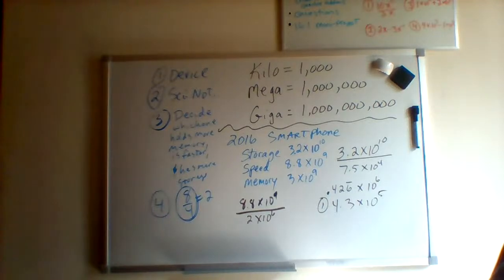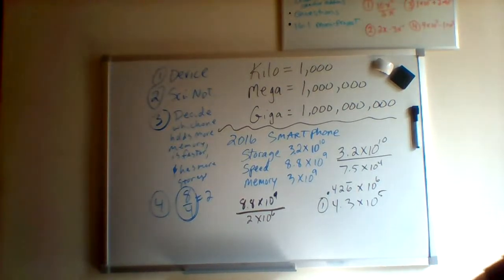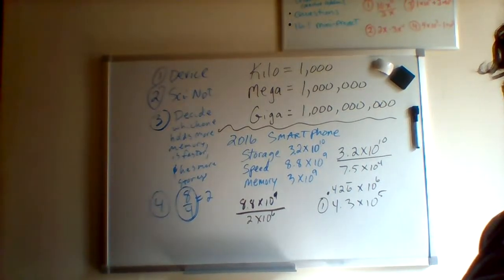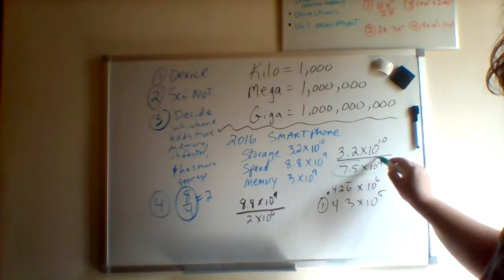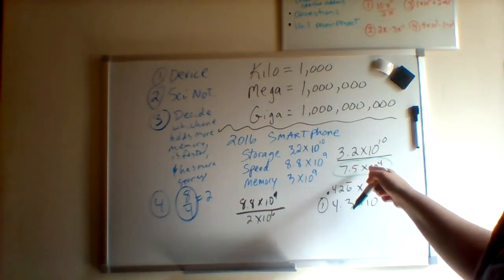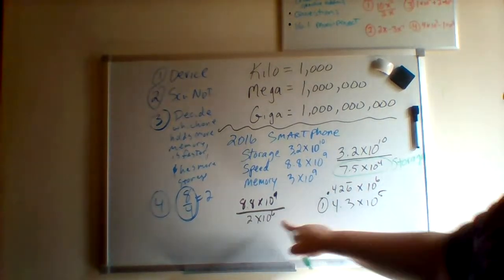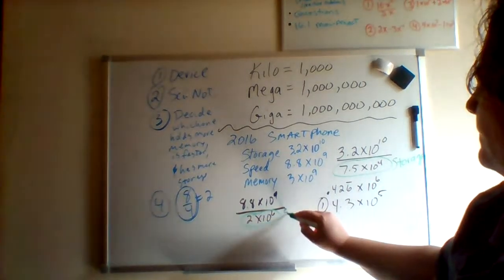So you guys are actually going to be able to use these numbers in the denominator for your activity, whatever device that you pick. All right, plug it in, Kevin, plug it in. You can use this number, and this one is for storage. You can use this number, and this number is for speed.